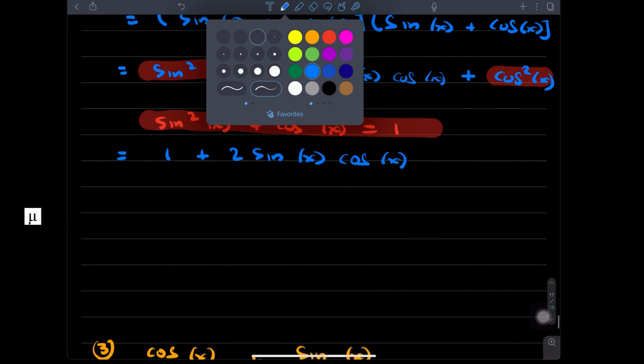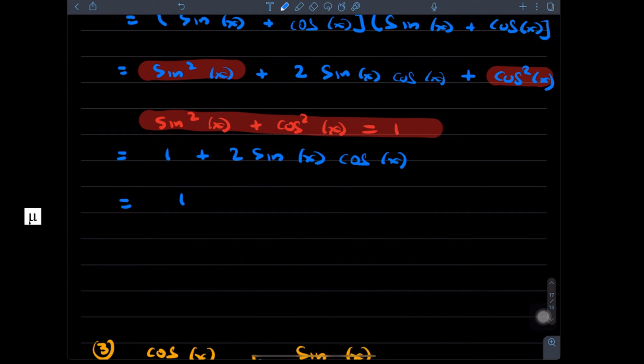And this is going to equal the right-hand side.